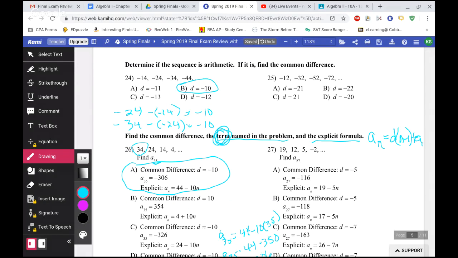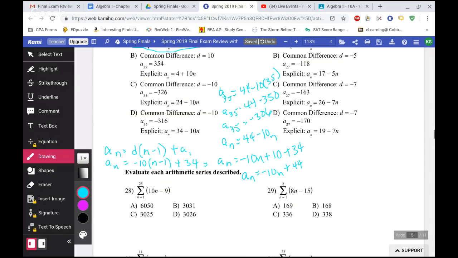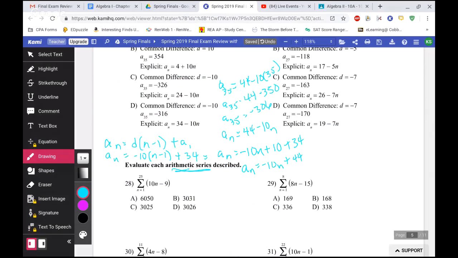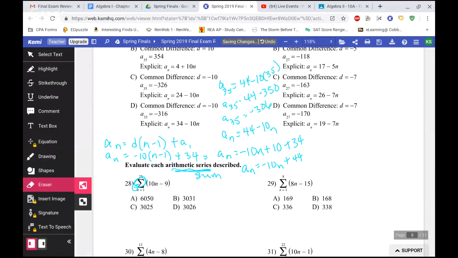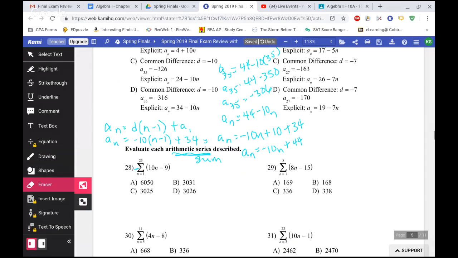Okay, so how are we going to know if it's one or the other? Now, with an arithmetic series, that should tip you off that means sum. So you're going to look for that summation symbol, which is this thing right here, that funky looking sigma. Okay?